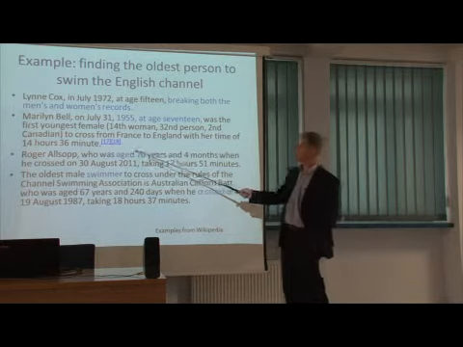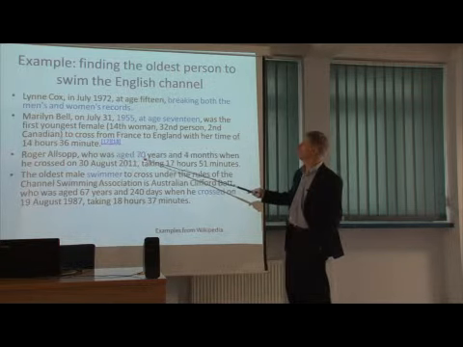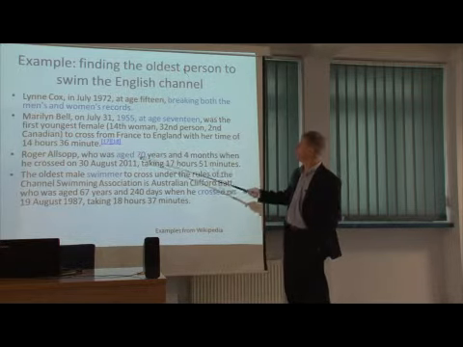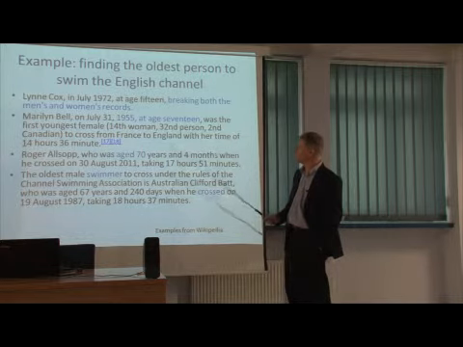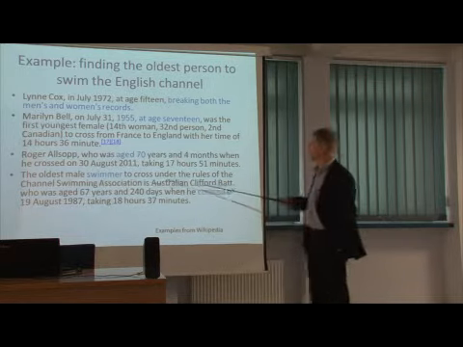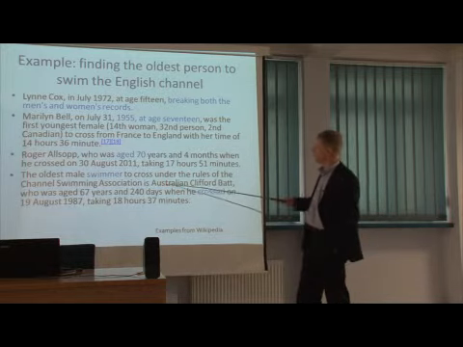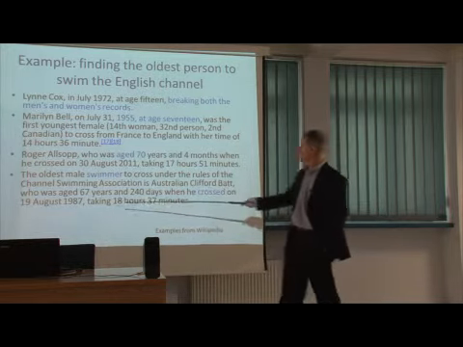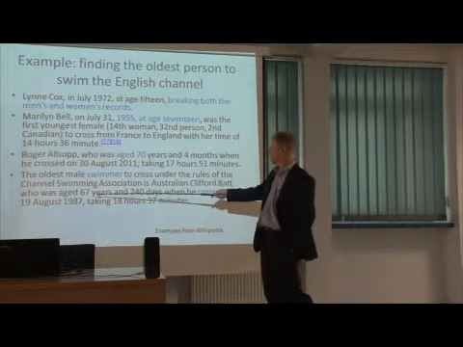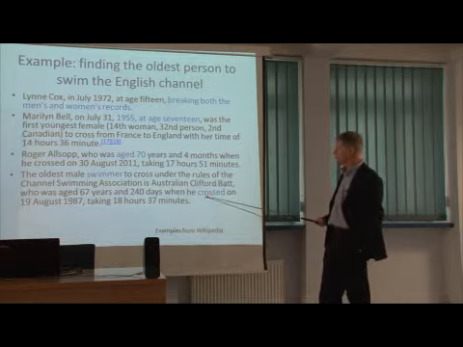Here we have another example where we don't have oldest, but we have aged 70. Well, would this be somewhat related? We don't know. We need some evaluation. Here we have the oldest male swimmer to cross under the rules of the Channel Swimming Association is Australian Clifford Butt, who was 67 when he crossed.